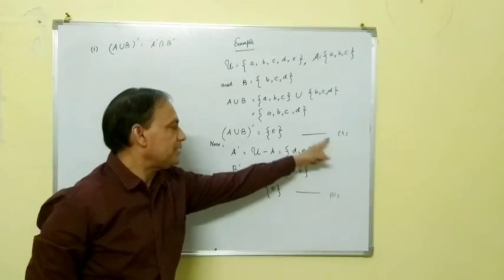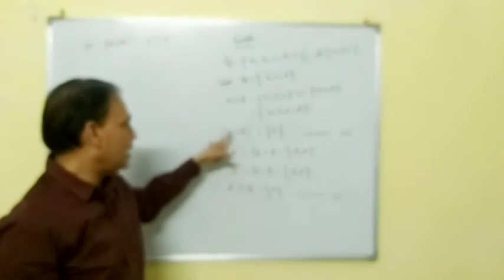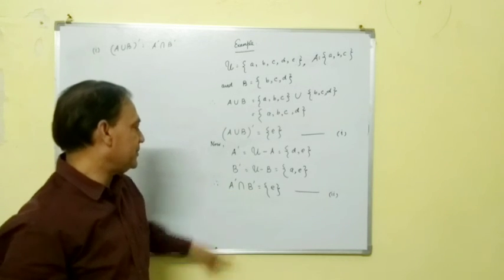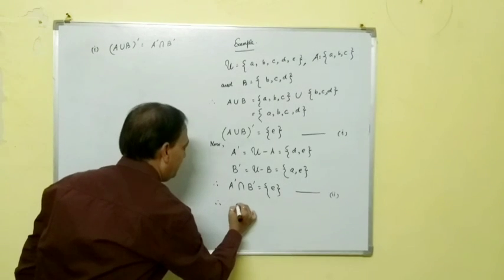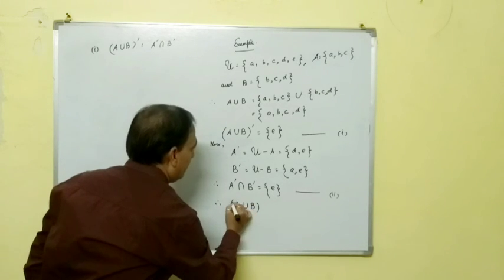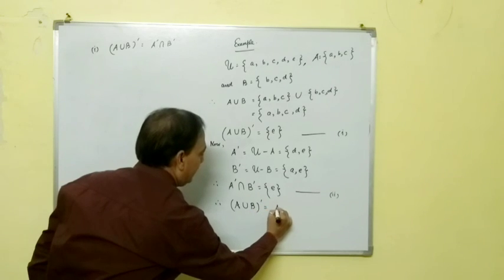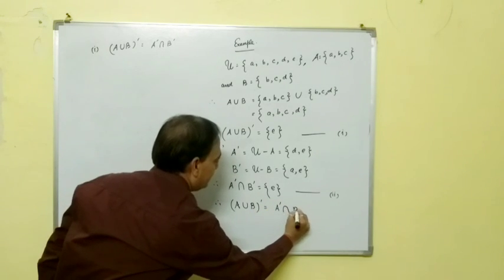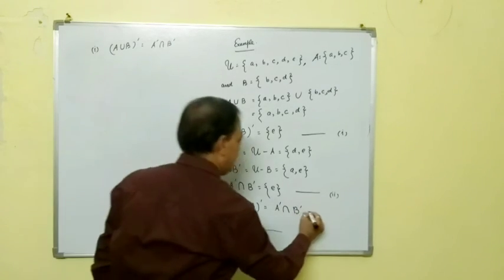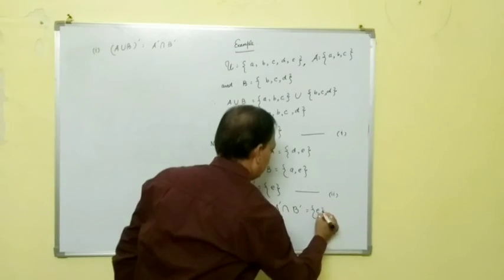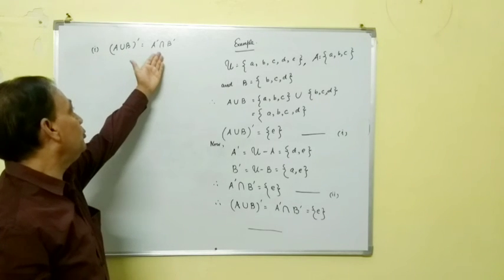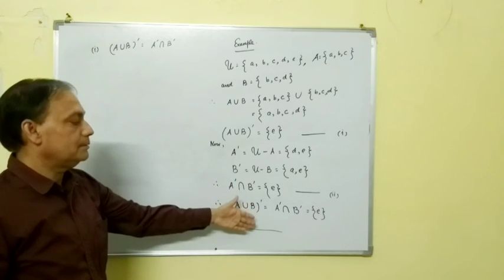From 1 and 2 we conclude that the complement of A union B is equal to A complement intersection B complement, and this is E. So we see that this rule of De Morgan is correct.